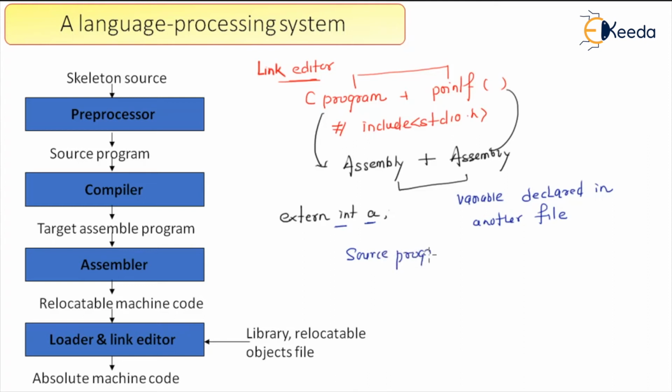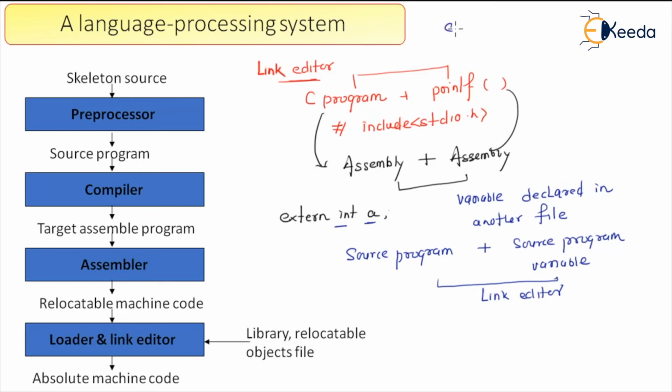So again we have to take our source program and another source program that consists of all the variables, and put a bridge between them, and that is again done by your link editor.